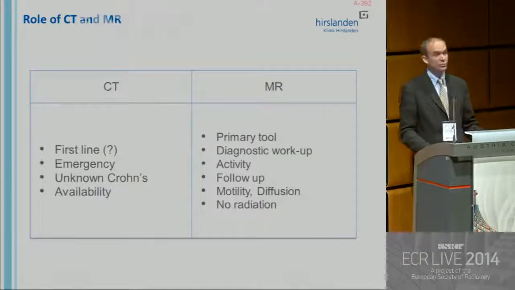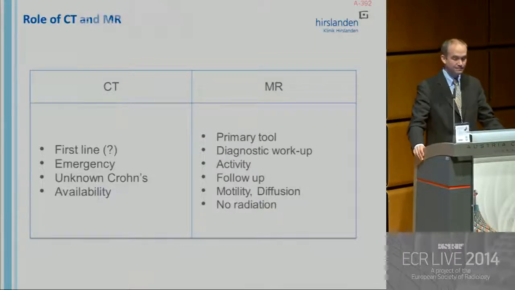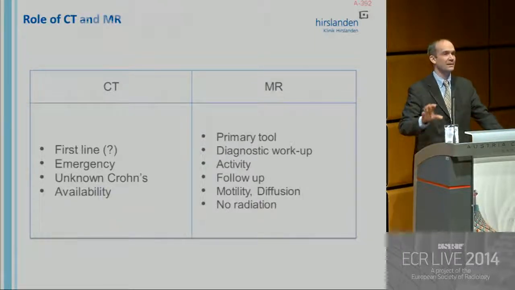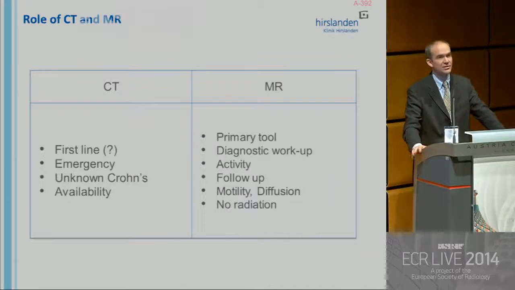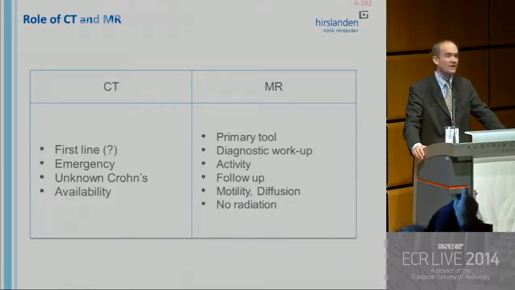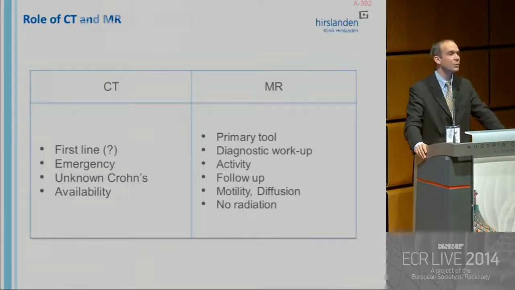So, when to use what? I think whenever possible, and this is the key point, use MR. There are for sure moments that you cannot use MR. This is night emergencies, or if the patient doesn't tolerate staying for 30 to 40 minutes in a magnet.